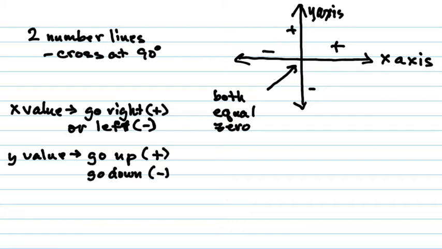Okay. So the signs of the values tell you which direction to go, but we also need to know which number line we're using first and which one we're using second. And that is always fixed. Okay? We're going to use what are called ordered pairs, also known as coordinates.